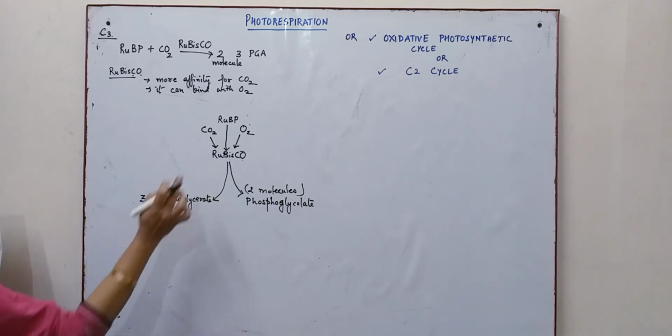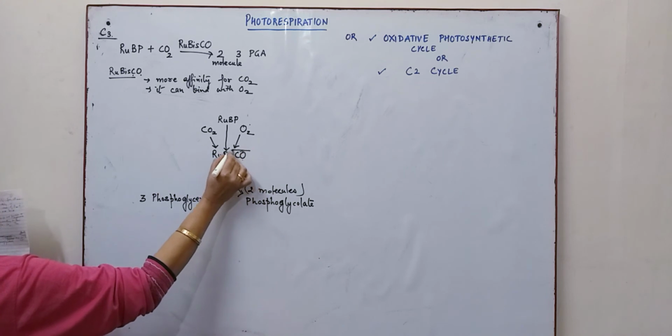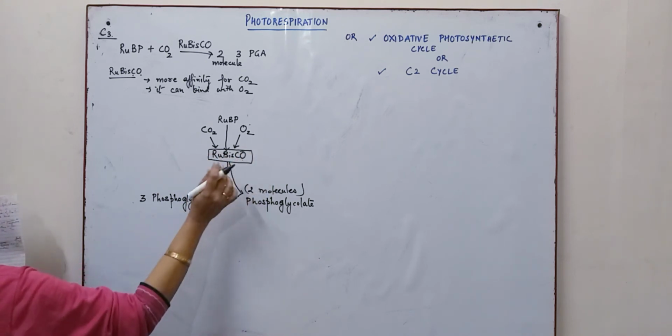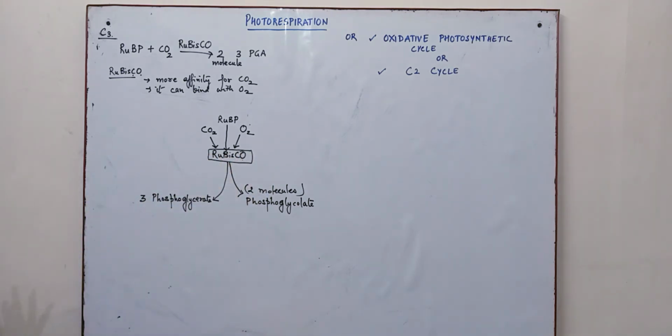Again, try and understand. The Rubisco enzyme can combine with carbon dioxide as well as oxygen, but this binding is competitive in nature. That means depending upon the concentration of carbon dioxide or the temperature or different situations, it can vary its nature.